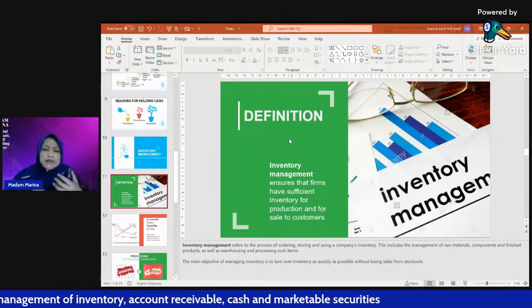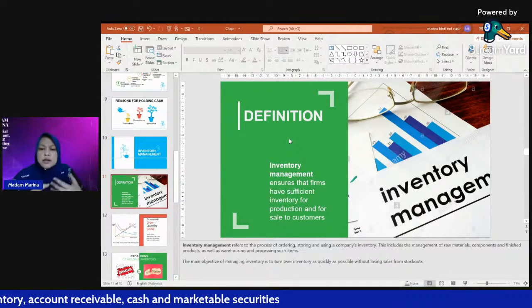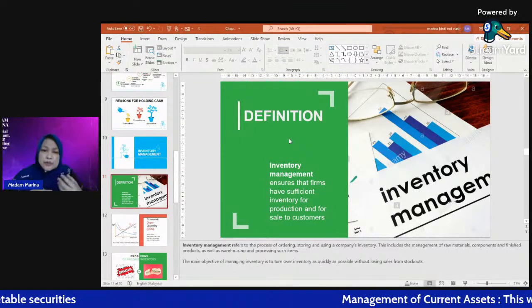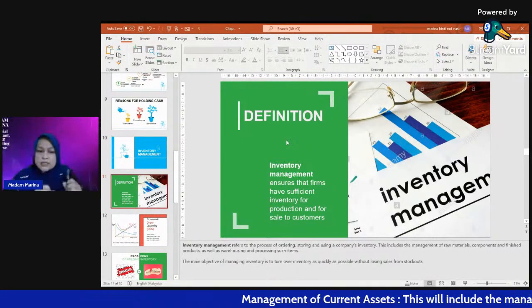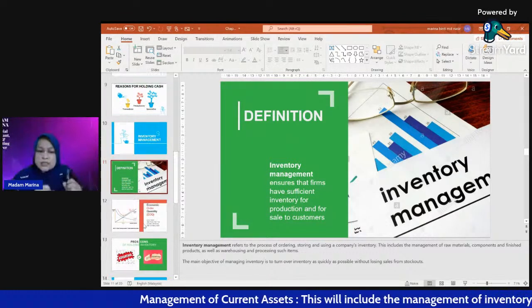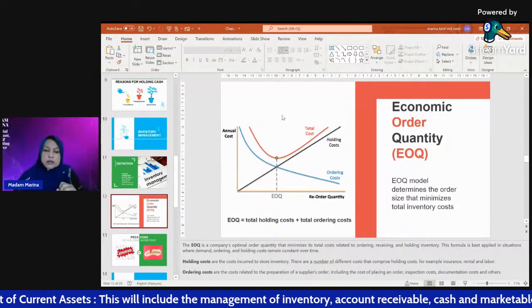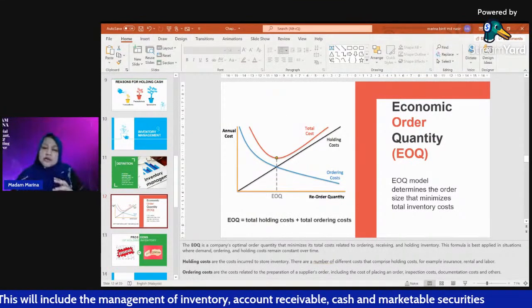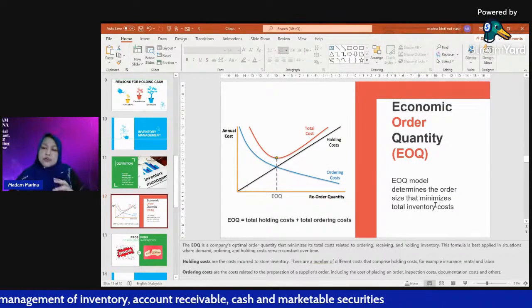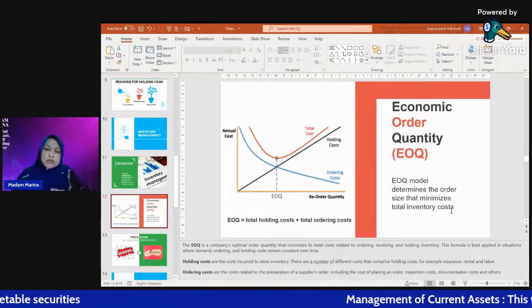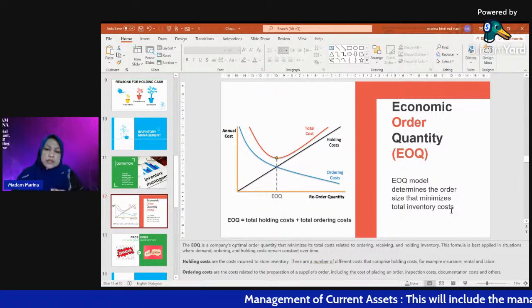We need enough inventory to make sure we can produce the product and sell to our customers. So this is the economic order quantity, EOQ. What is EOQ? The EOQ model determines the order size that minimizes total inventory cost. So this is a model that we can apply in order to minimize our total inventory cost.